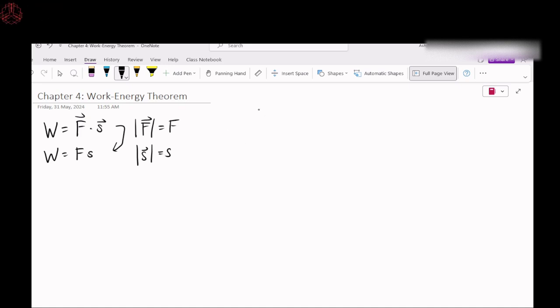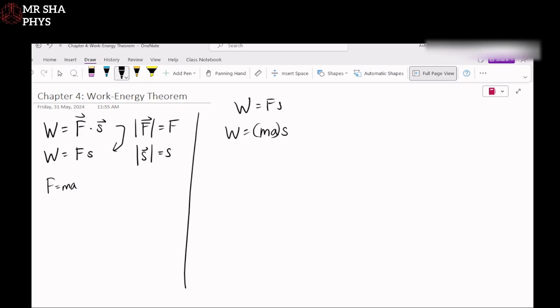Okay, so if I were to start with that, right, I can apply Newton's second law, right? F equals ma onto that. What I'll have is going to be ma times S, right? And then I want to look at the velocities, so I consider a velocity equation.